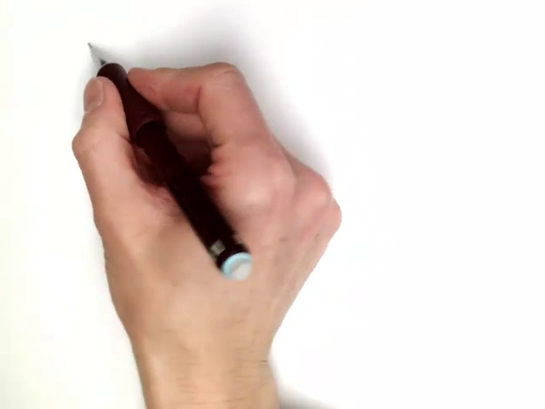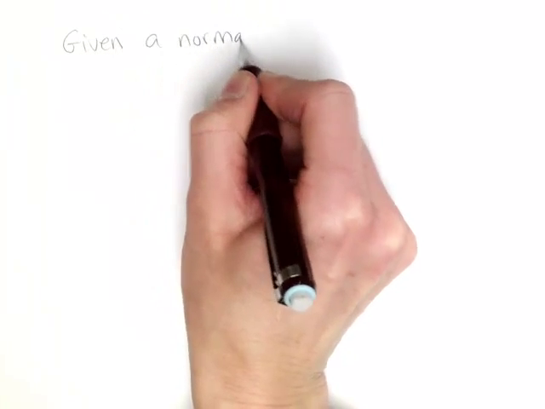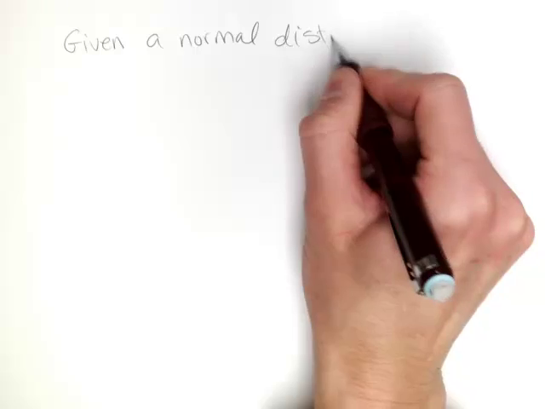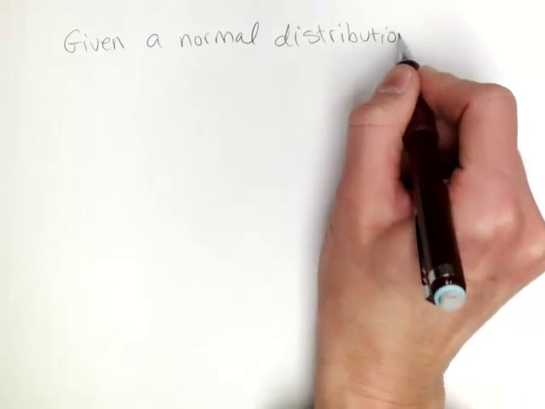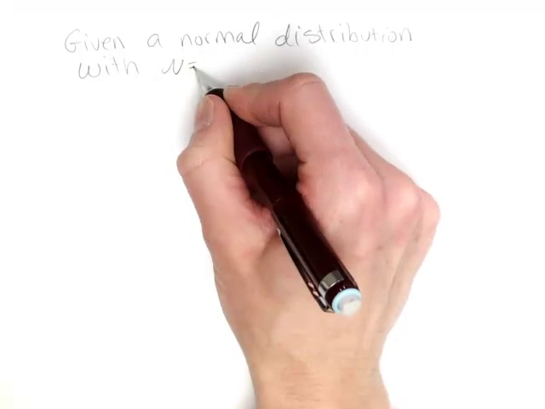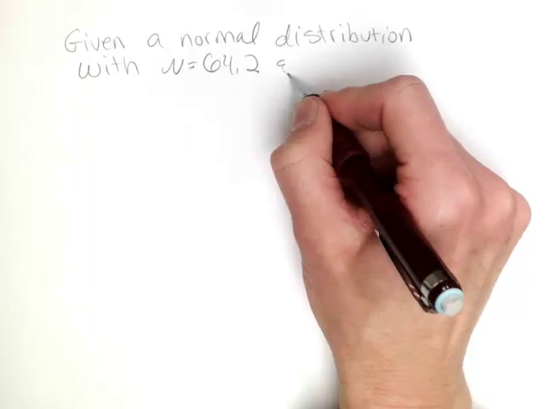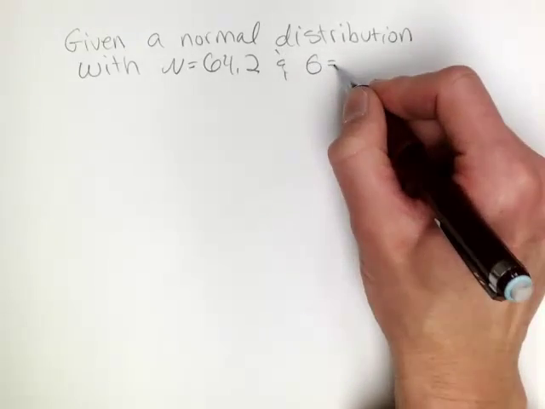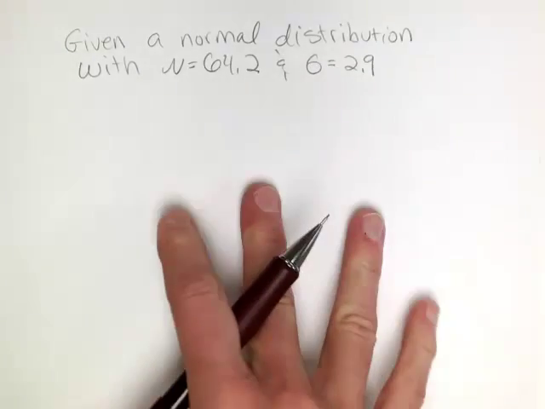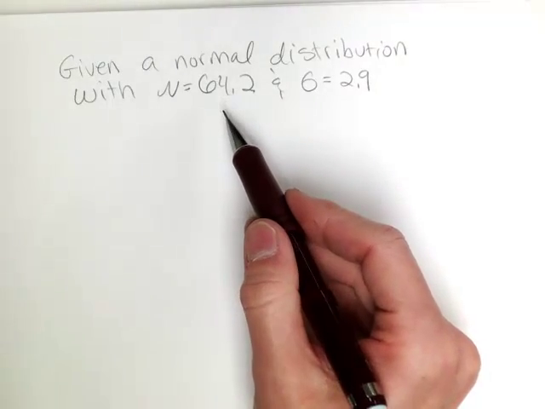Okay, so we're given a normal distribution with mu equal to 64.2 and sigma equal to 2.9. One thing to realize, this is not standard normal.